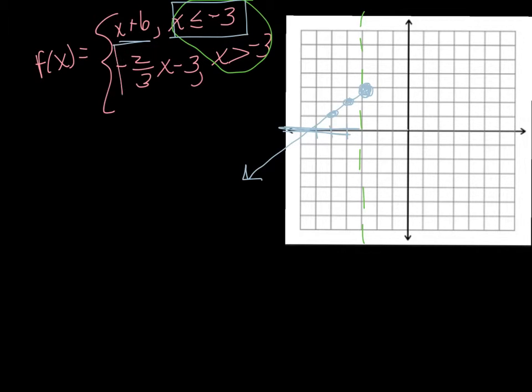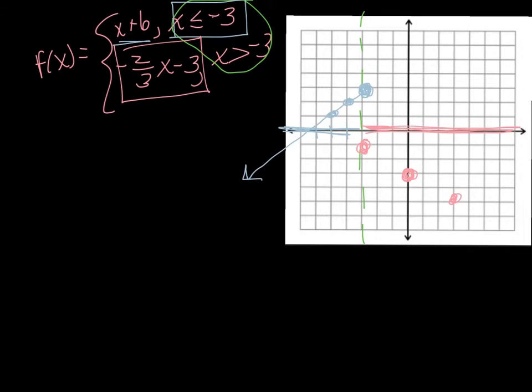My second equation is -2/3 x minus 3. So I have a y-intercept of -3 right here, and a slope of -2/3. So I can go down 2 over 3, but I can also go up and in the other direction. So I know I only want to keep the piece of the graph that's got x values greater than -3.